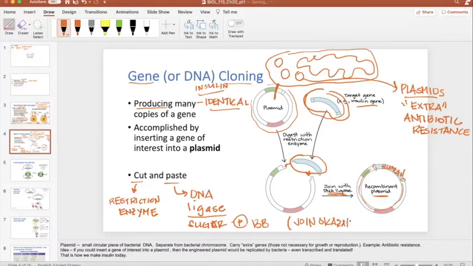Well, it turns out it can join a lot of different types of fragments, including we can use that enzyme to join fragments in the laboratory. So we can join these fragments here to make this recombinant plasmid. Then all that's left for us to do is to insert this plasmid into a bacteria, okay? So let's talk about how we might do this.